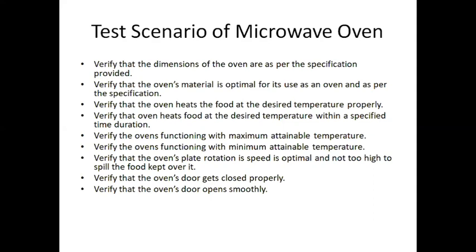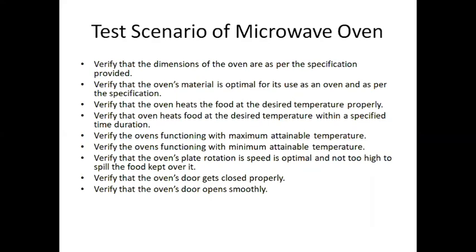Then verify that the oven heats the food at the desired temperature only, and that also properly. Then we can verify that the oven heats food at the desired temperature within a specified time duration. I think you covered the time limit scenario. Then we can verify with the maximum attainable temperature and with the minimum attainable temperature.